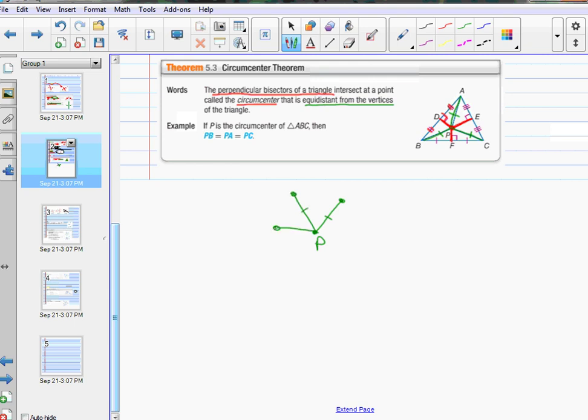If I did all the possible ones, we would have a circle when we are done. So that means back over here, if I have all these equidistances from that point P that reach these vertices, there should be a circle that would exactly hit on all the vertices.